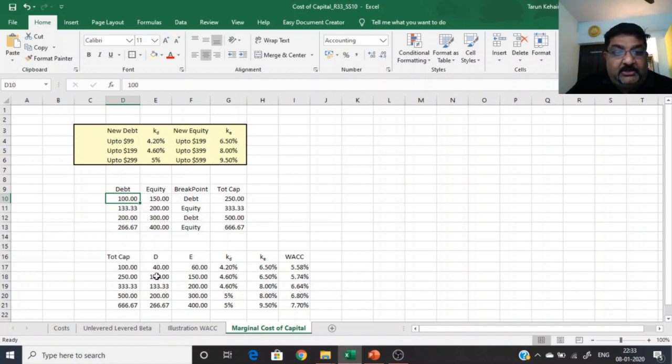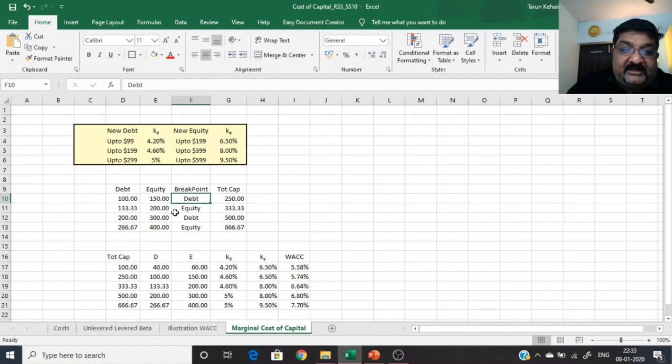Now, you are going to have a debt equity ratio of, not 1.5, 1 by 1.5. So equity is 1.5 times the debt. So I am going to take 2:3 as your debt equity ratio, sorry. So basically, the equity will be 1.5 times the debt. So equity is 150. So the total capital is 250, and this is the break point for the debt.